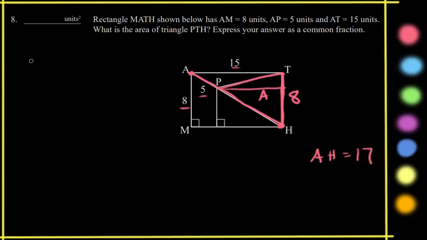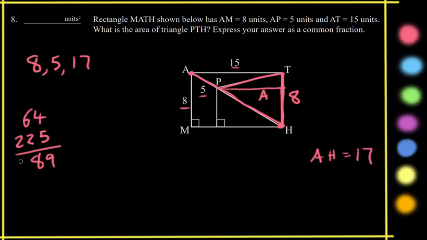And the way you know that is if you have your Pythagorean triple 8, 15, 17 memorized. But if you don't have that memorized, you can just use the Pythagorean theorem, right? So that's 8 squared is 64, 15 squared is 225. You can add those together, and you get 289, and the square root of 289 is 17. All right, so that gives you this distance from A to H.